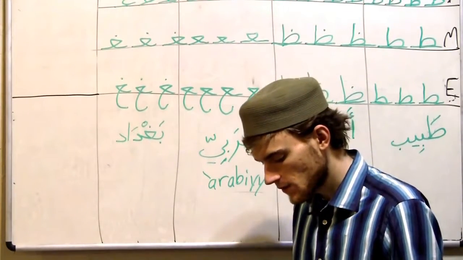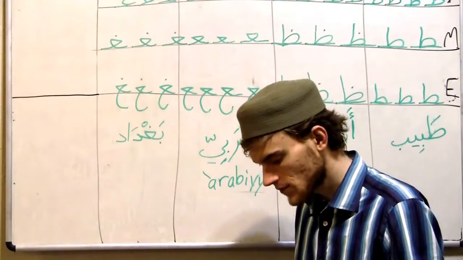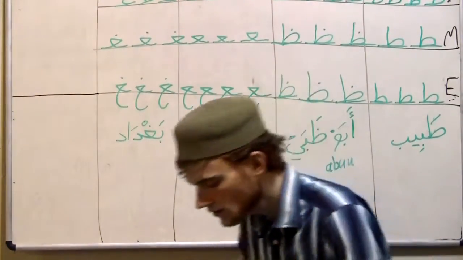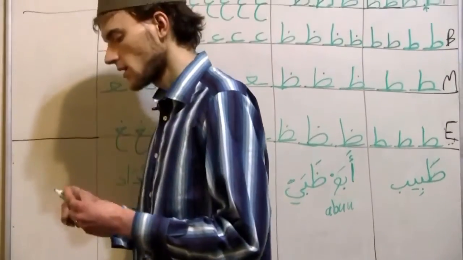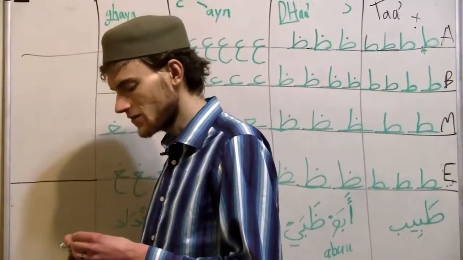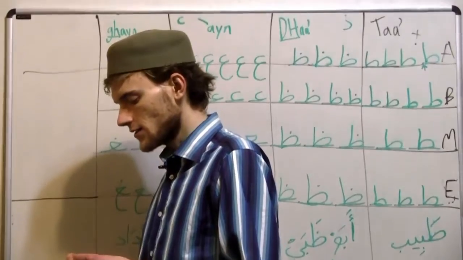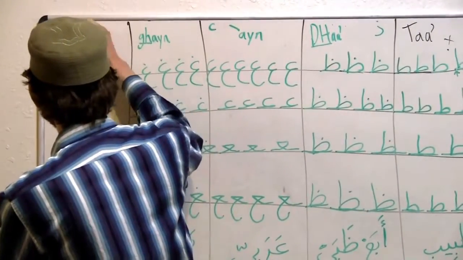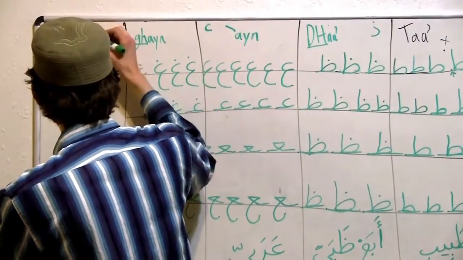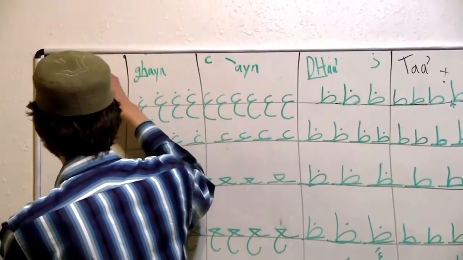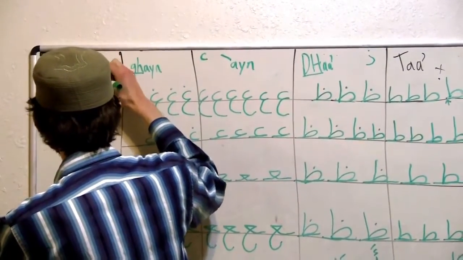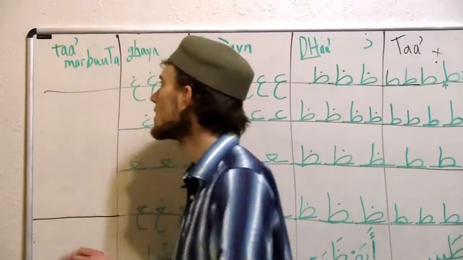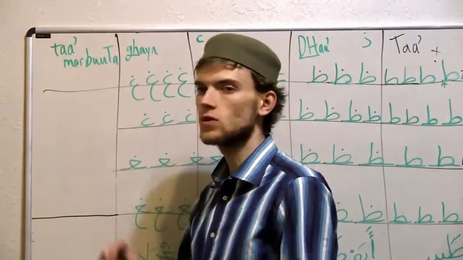So finally, we have one extra symbol to go over. Not really a letter, kind of a letter, but not really. Its name is ta marbuuTa.